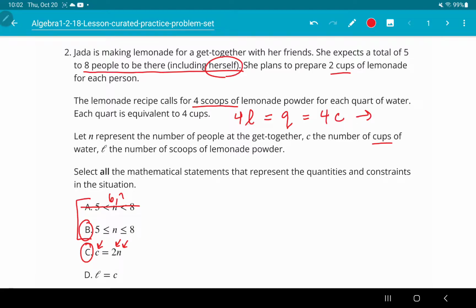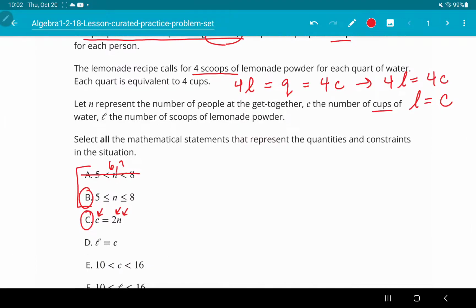That means 4L equals 4C, because 4 times the number of scoops of lemonade powder is 4 times the number of cups of water. If I divide both sides by 4, I get 1 scoop of lemonade powder per 1 cup of water. So that's equation D, and that makes sense.